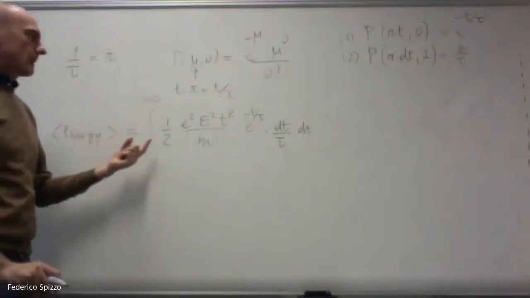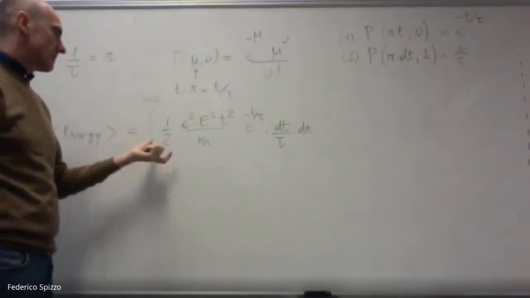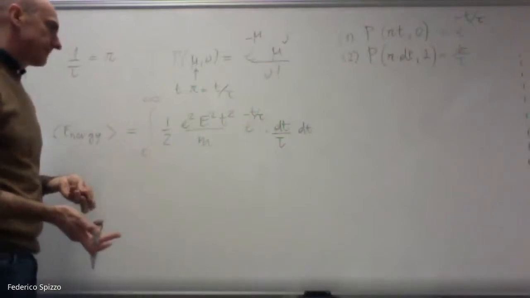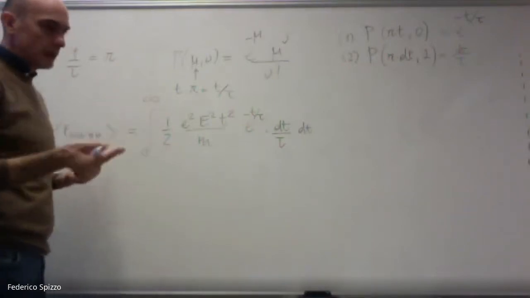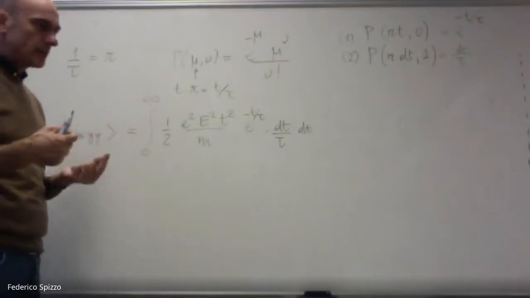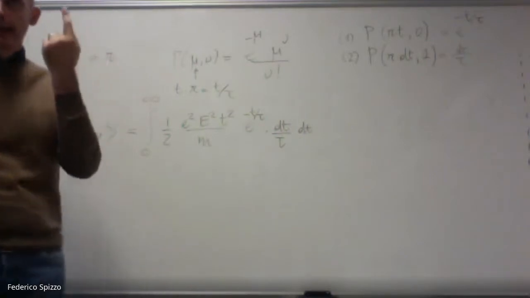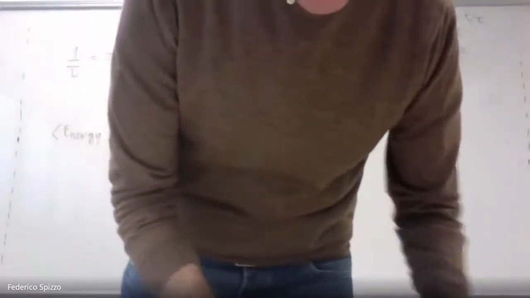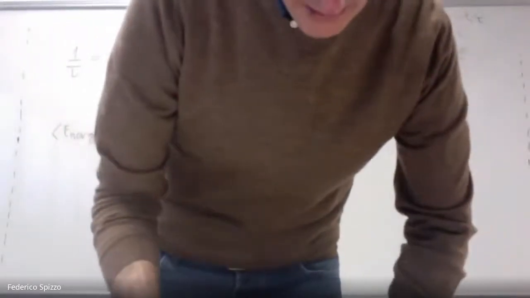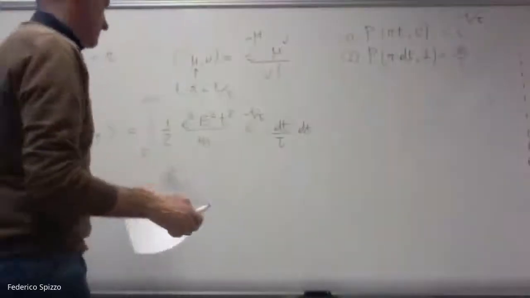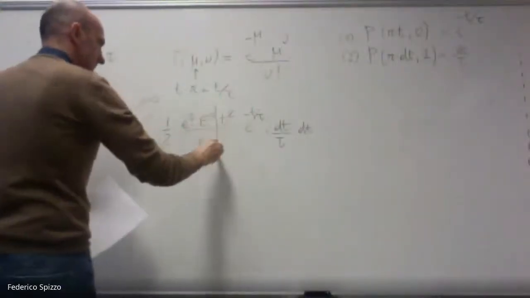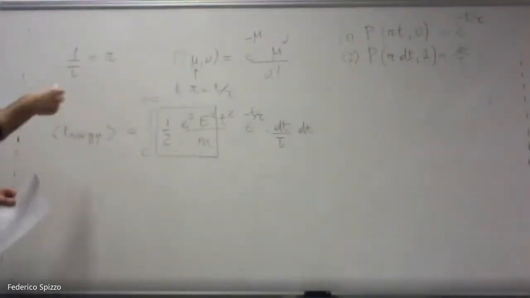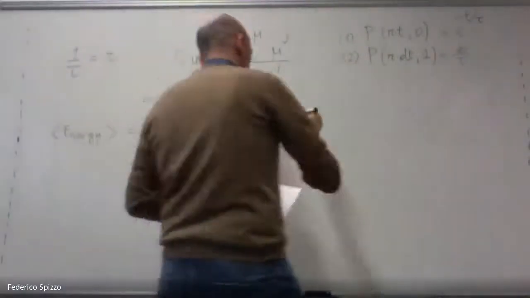And we integrate over time. So this is, let's say, the average value of the energy loss due to just one electron. This is a constant, so we may take that out from the integral.